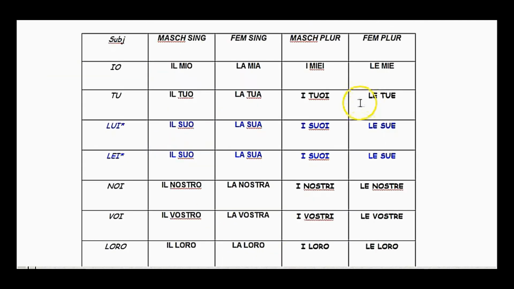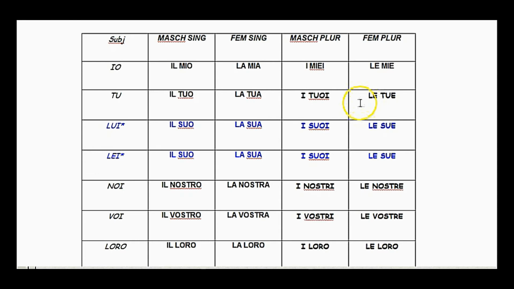Here we have the complete table with all the forms of the various adjectives. Io, obviously, it would be my, and so forth. We have masculine singular, followed by feminine singular, masculine plural, followed by feminine plural. The various forms. You will have more tables where you can study and memorize them.